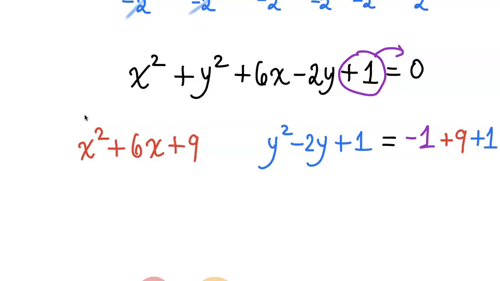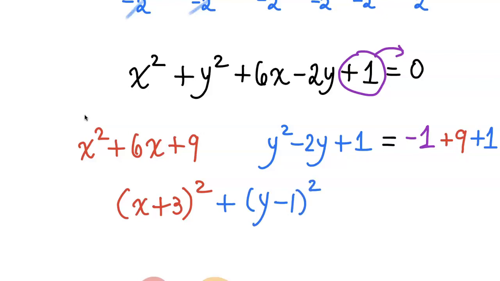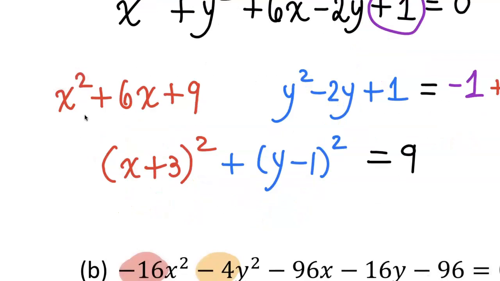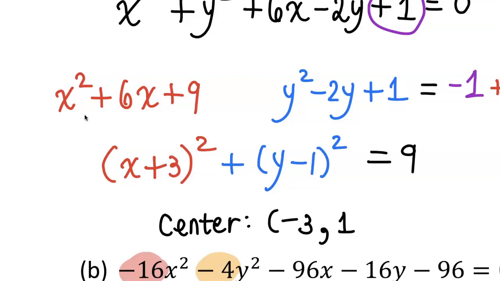If I do that, the x's will factor into x plus 3 squared. The y's will factor into y minus 1 squared. And all that equals 9 on the other side. So here's the center. The center of this circle is at negative 3, positive 1.